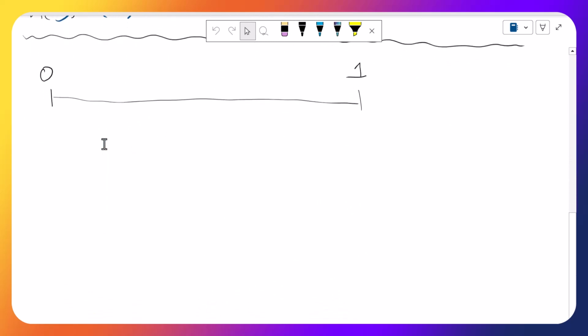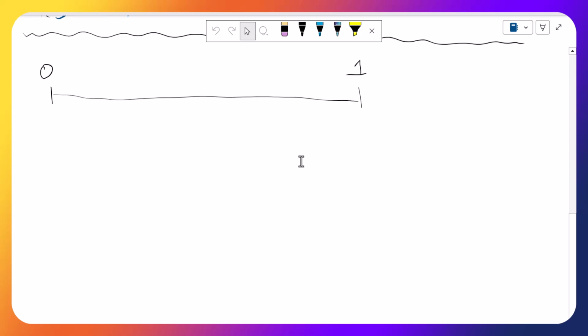Okay, third section. I drew a number line, it goes from 0 to 1. Let's say this is 1 mile, and this is 0 miles. A person runs half a mile.